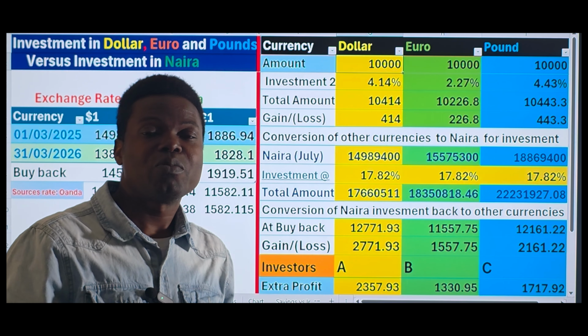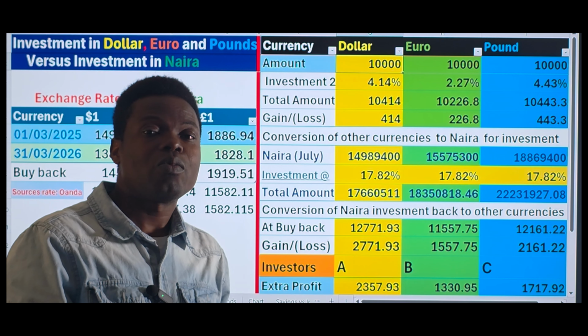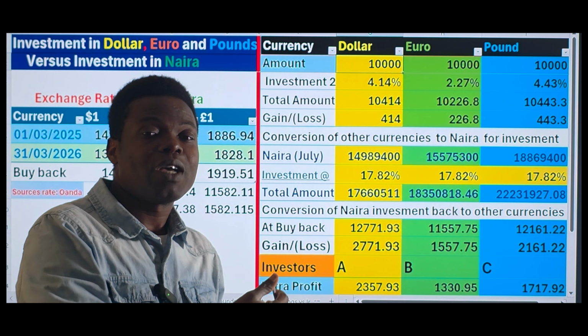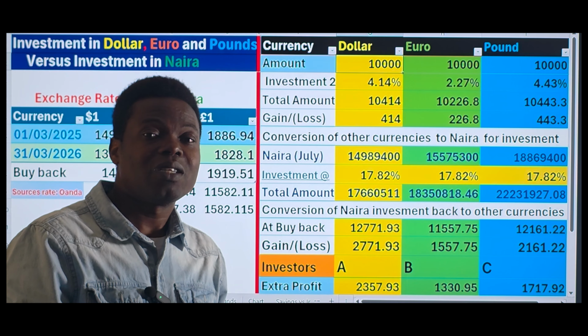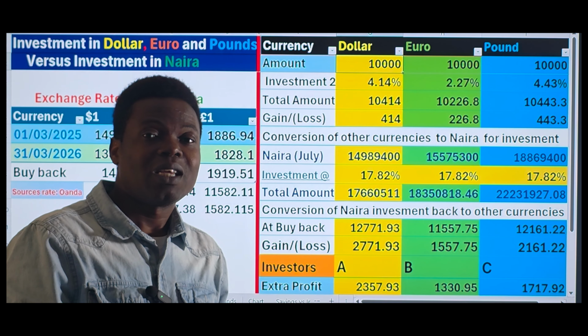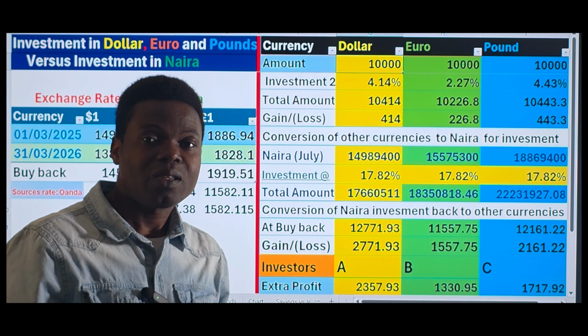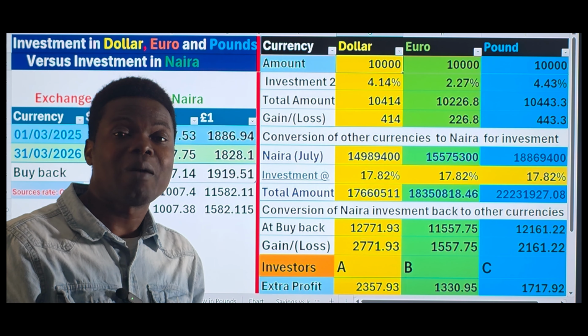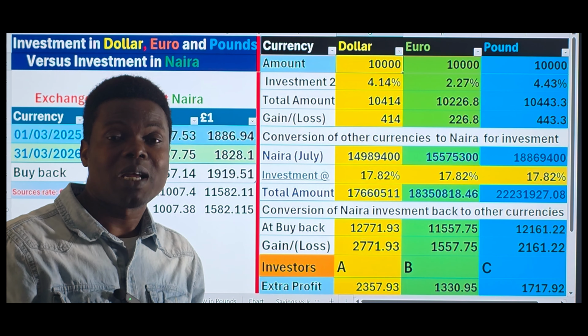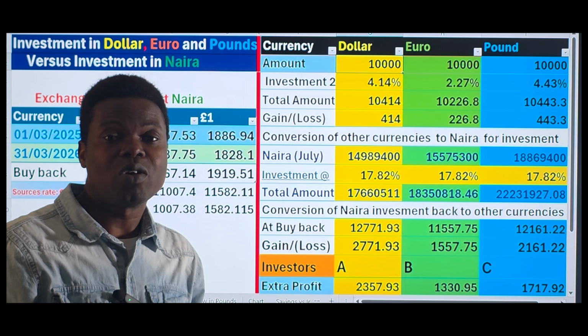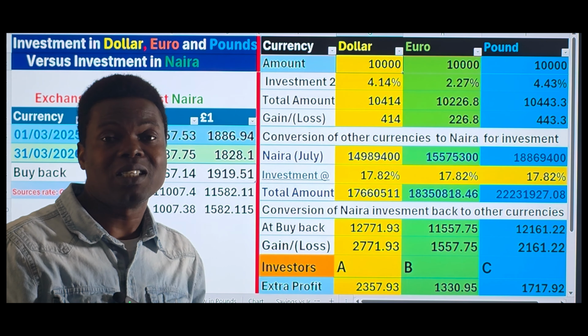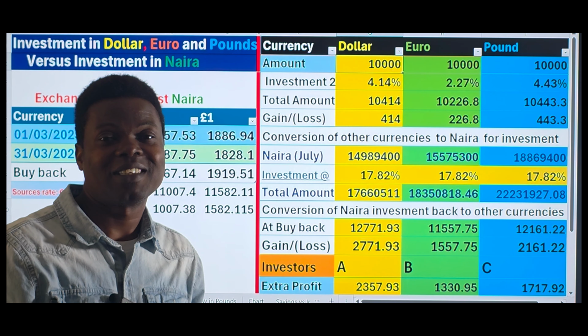You can agree with me that it is more favorable to invest in Nigeria treasury bill than to invest in any of these country treasury bills. You can agree with the statement I made earlier that some Nigerians living in foreign countries could be losing money because they are not investing in the Nigeria exchange market.